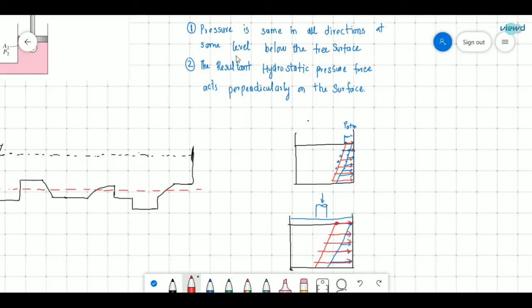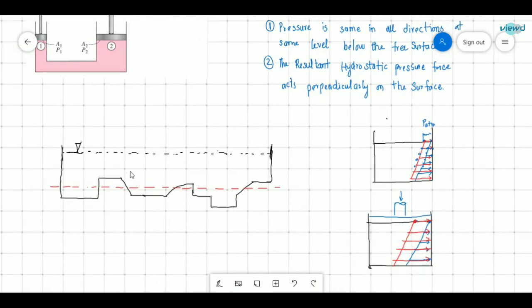When applying Pascal's law, these 2 points should be remembered. The pressure is the same in all directions at the same level below the free surface. We have seen this in the last video.